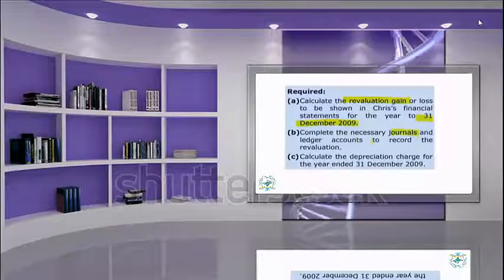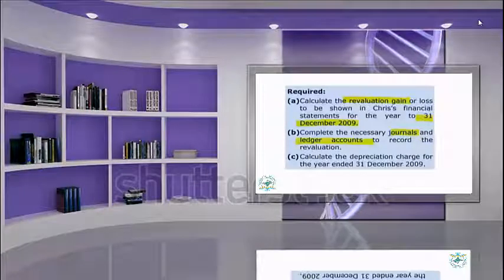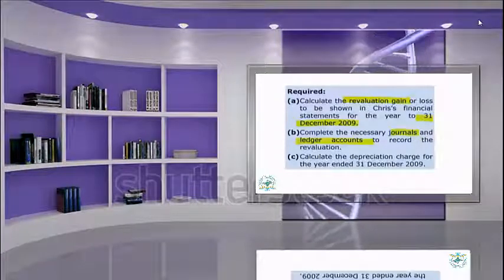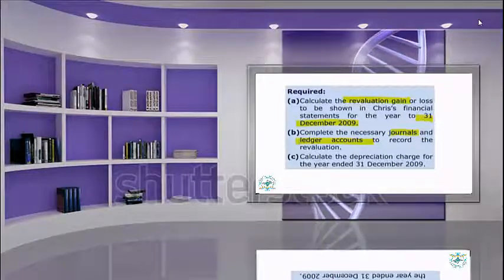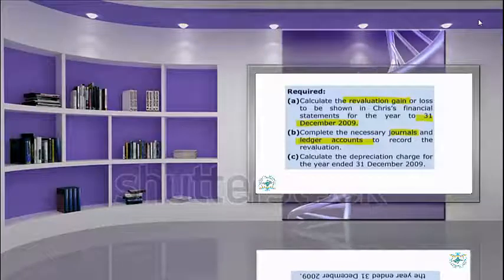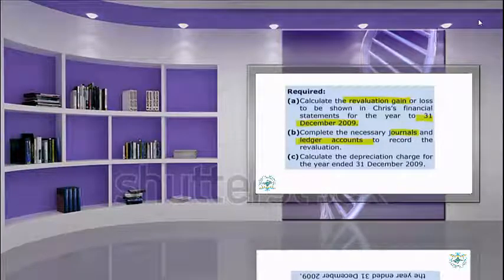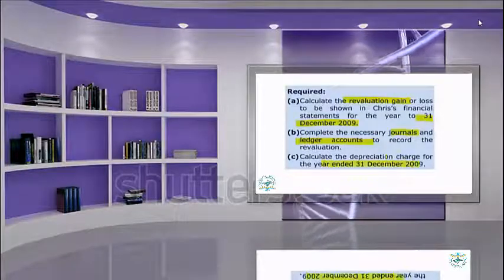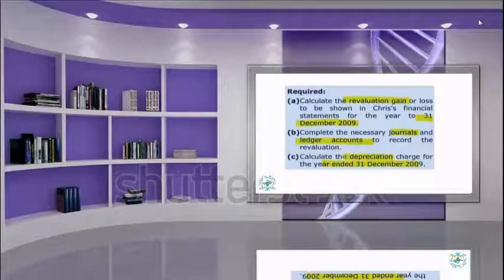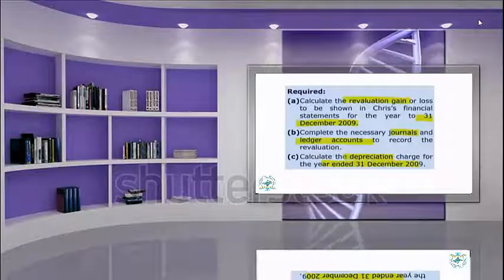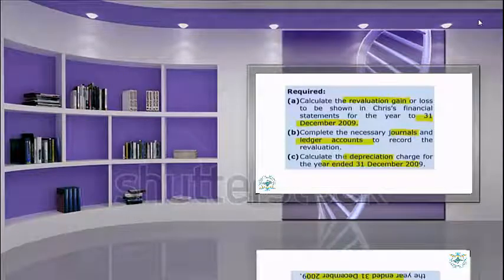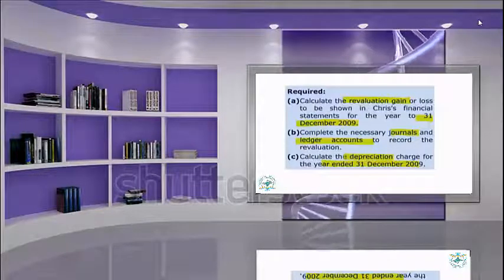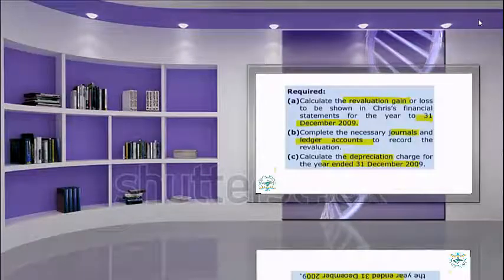Okay, so we need to do a journal and we need to do the ledger accounts. And we saw the journal entries in the last recording, so this will just be putting some numbers to that. And Part C, calculate the depreciation charge for the year ended the 31st of December 2009. So after the date of revaluation, how much depreciation would we charge per annum thereafter? So let's crack on with this then.